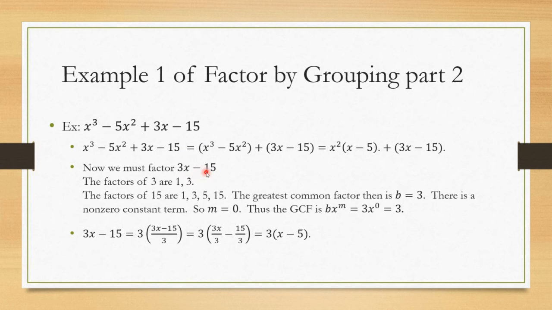So for the coefficients, for the numbers, the factors of 3 are 1 and 3. What are the factors of 15? 1, 3, 5, and 15. So the greatest common factor of the coefficients and the constant term, it's going to be 3, as you can see.